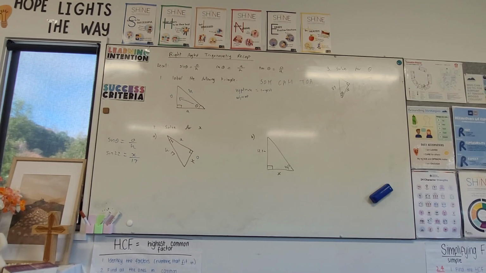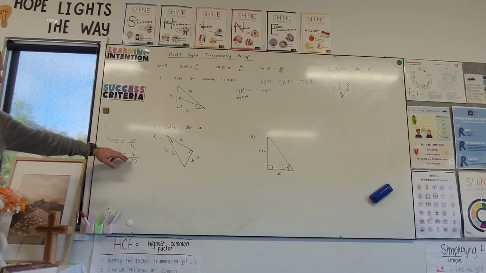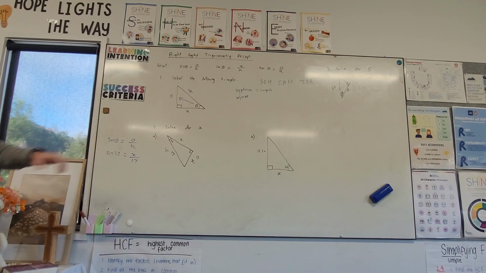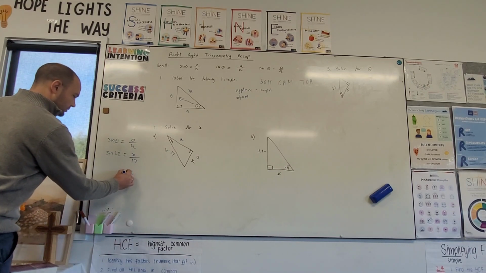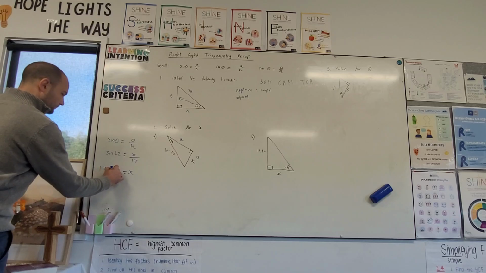Okay, so we're trying to solve for x, and what we have here is an equation. We have x divided by 17. The way we get x by itself is to multiply both sides by 17. So I'm going to show you what's technically happening algebraically. However, all we will write is this. We would just move the 17 up.